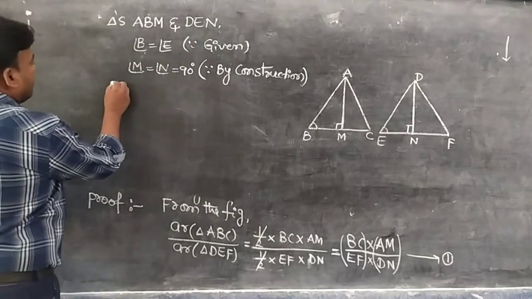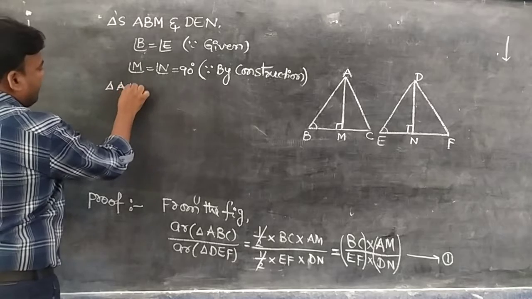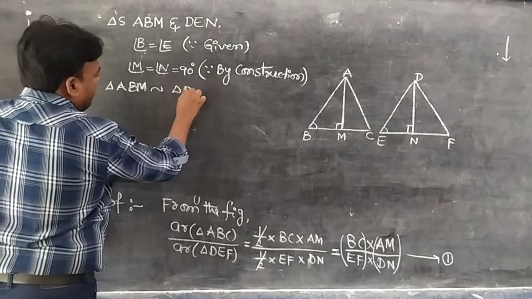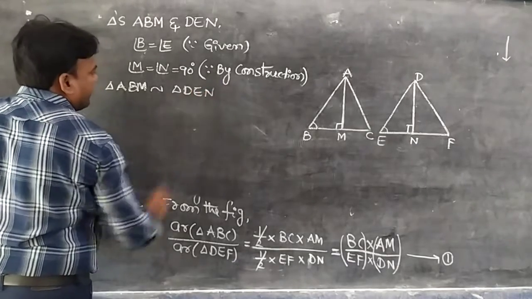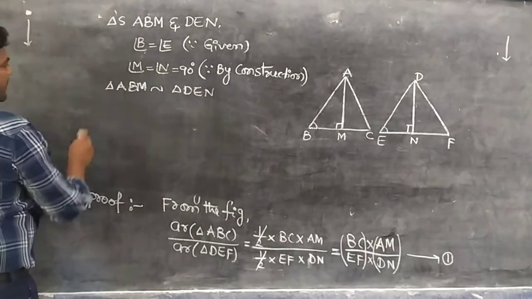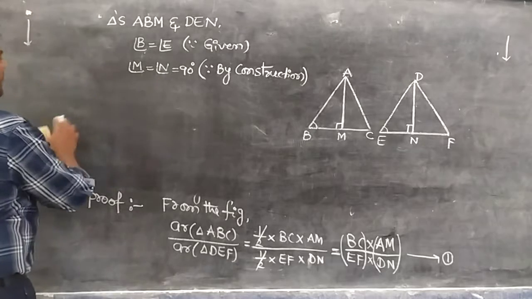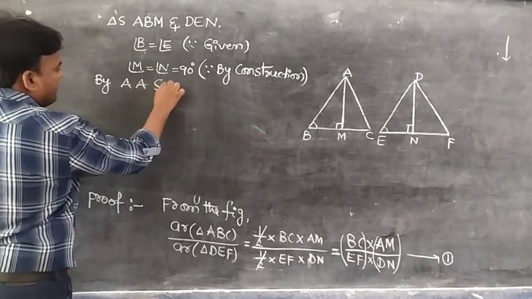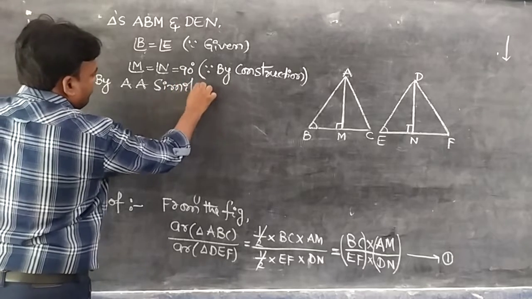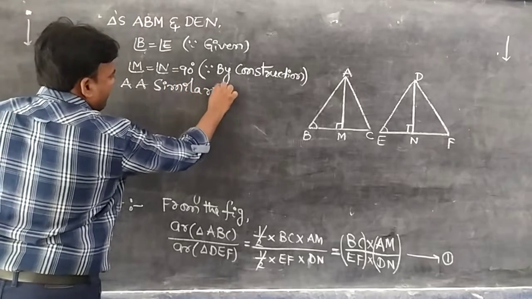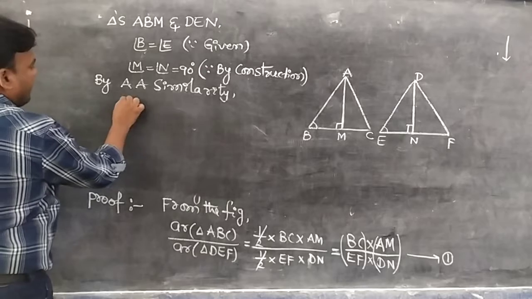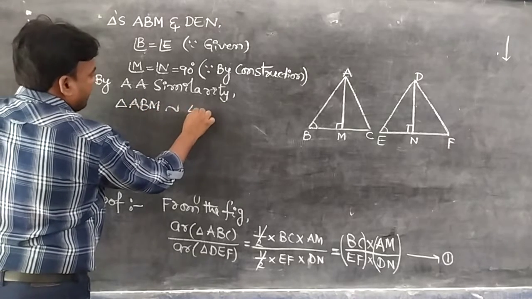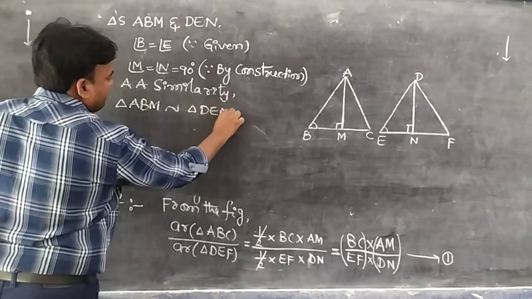That means triangle ABM is similar to triangle DEN by AA similarity.